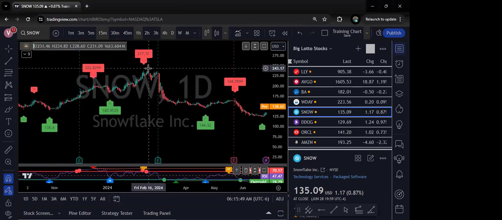So for instance, this one, we know Snow came from 237. So that's your high price. That FX is very easy to use. So our high price was 237. And for those stocks that pull back and they don't do 50%, it means you're anticipating bearish continuation.